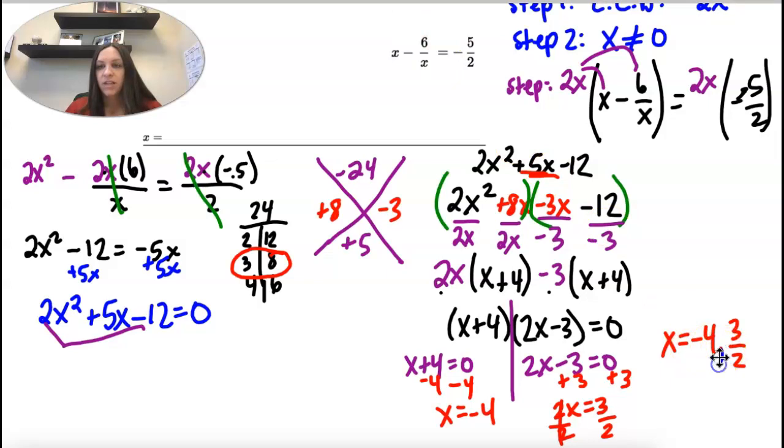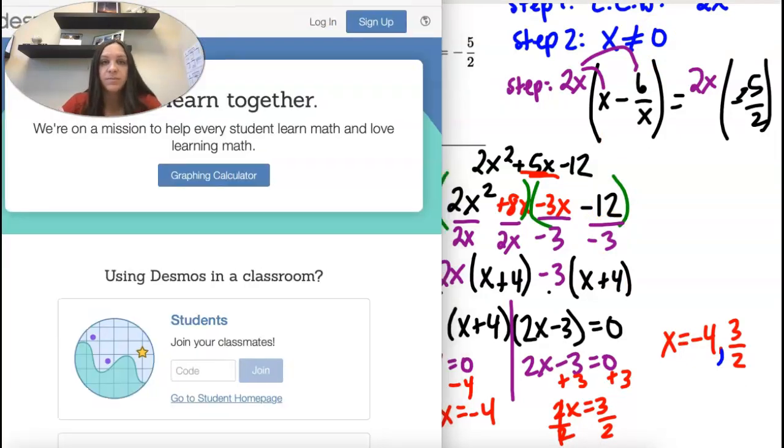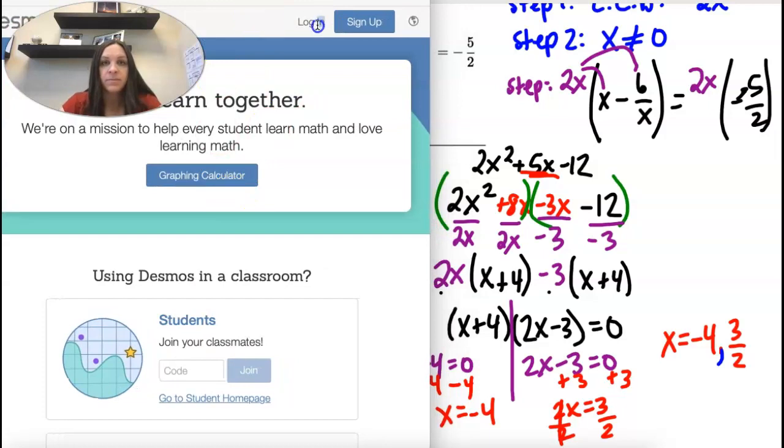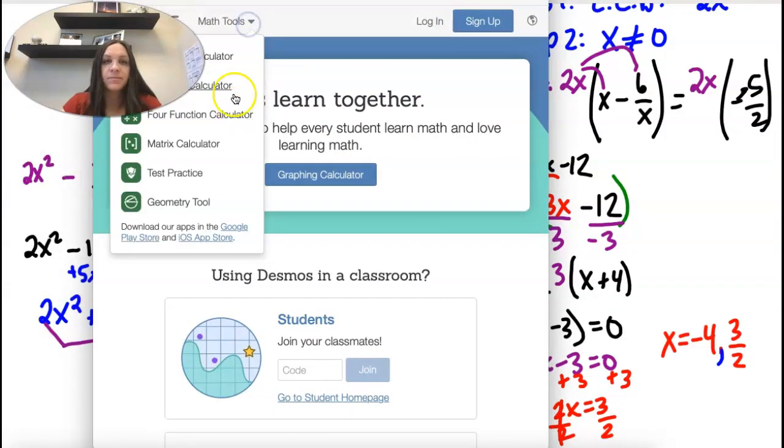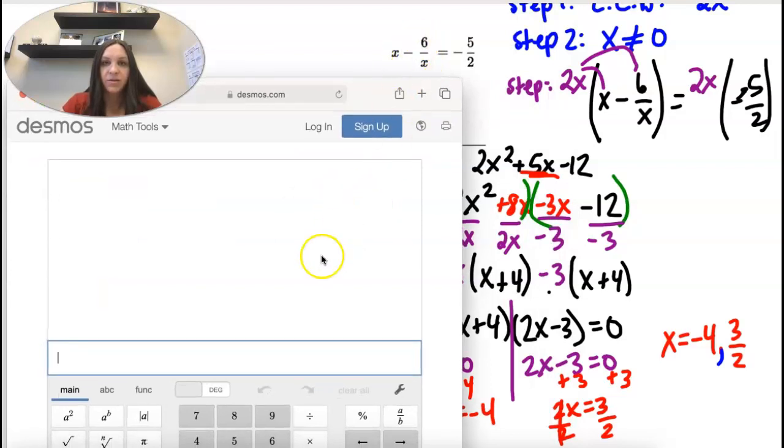So neither of these answers conflicts with our restriction, but to check our answers, I'm going to put them into Desmos. So I have x minus 6 over x should equal -5/2.